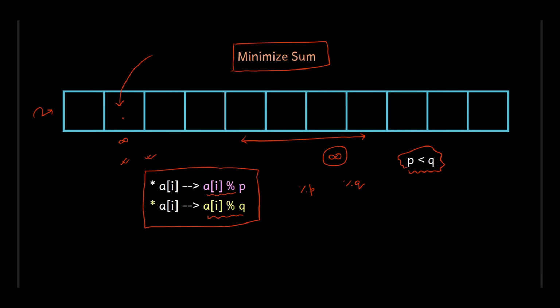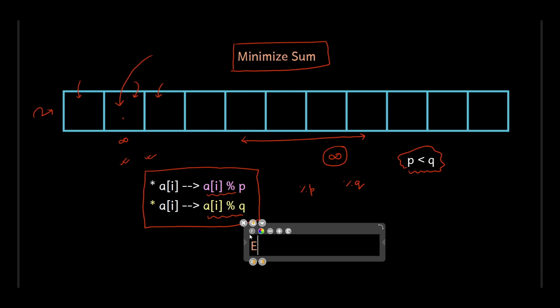To solve this, of course, you have to notice that each index is now independent. Why? Because each index can independently minimize itself. So let me write that down. This is the first observation that you can make: each index is independent.